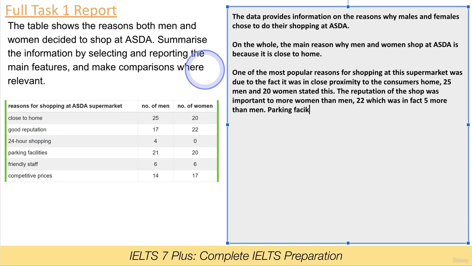Parking facilities was another common cause for people choosing this supermarket.